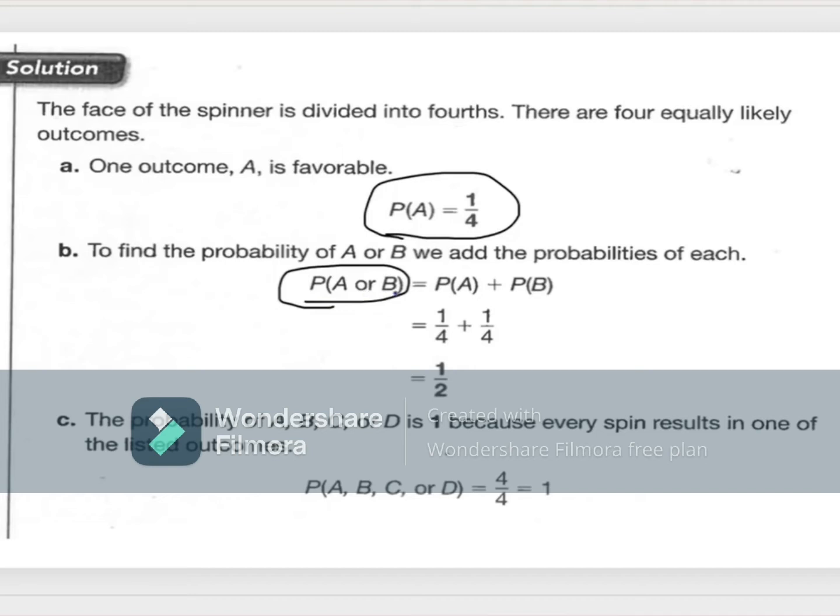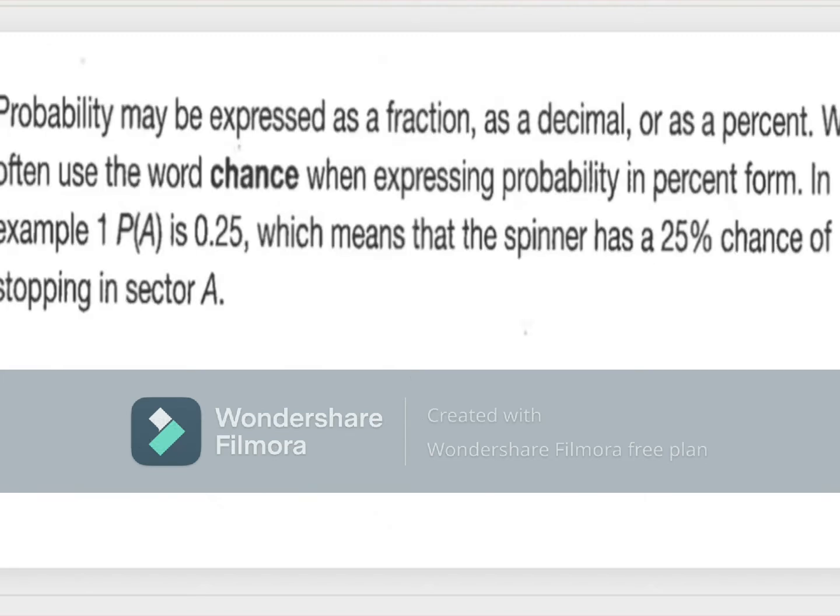Probability of A or B is the probability that A happens plus the probability that B happens, which is 1/4 plus 1/4, which adds to 1/2. And then the probability of A, B, or C is 1 because every spin results in one of those.